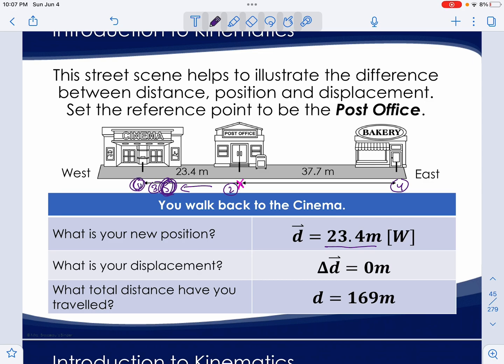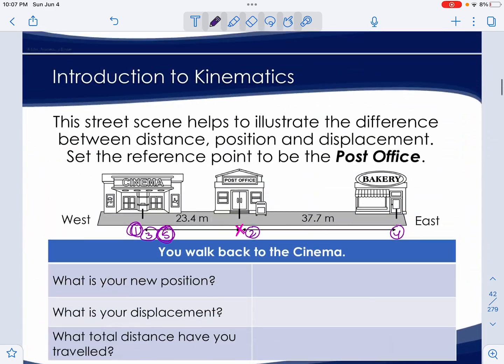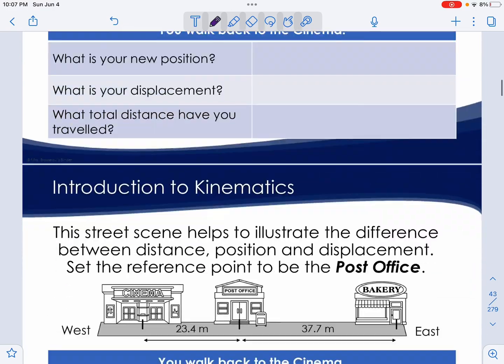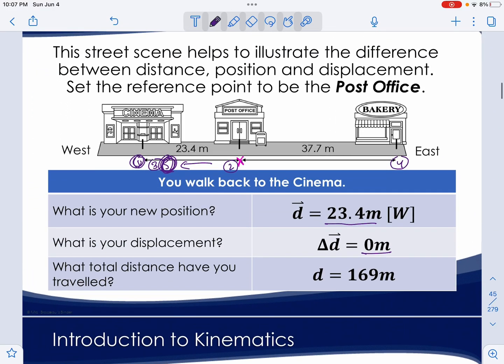It's supposed to be on the same spot. So the displacement is 0 meters. And the total distance you've traveled, it was the distance from before, which I forget what it was. 107.9 was what we had before, right? So 107.9, and then now we have to add going all the way back. So 107.9 plus 37.7 plus 23.4 brings us all the way to 169 meters.